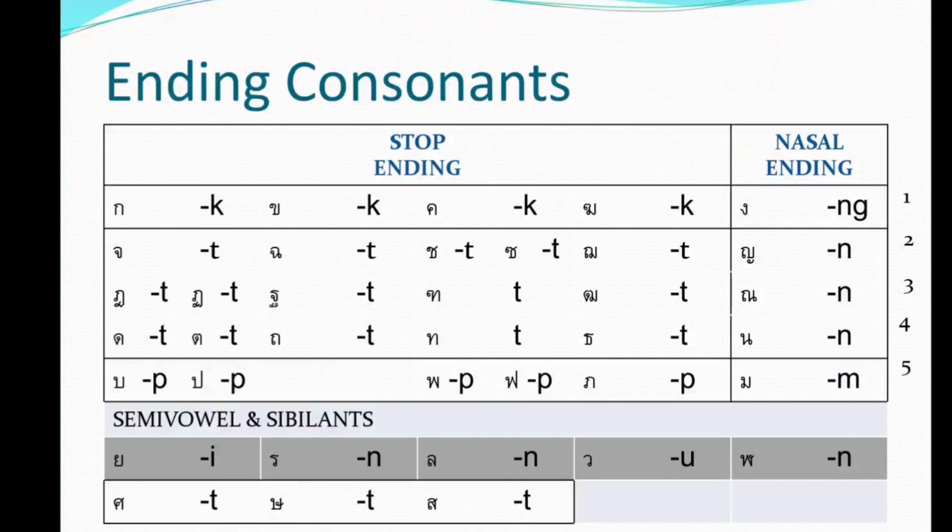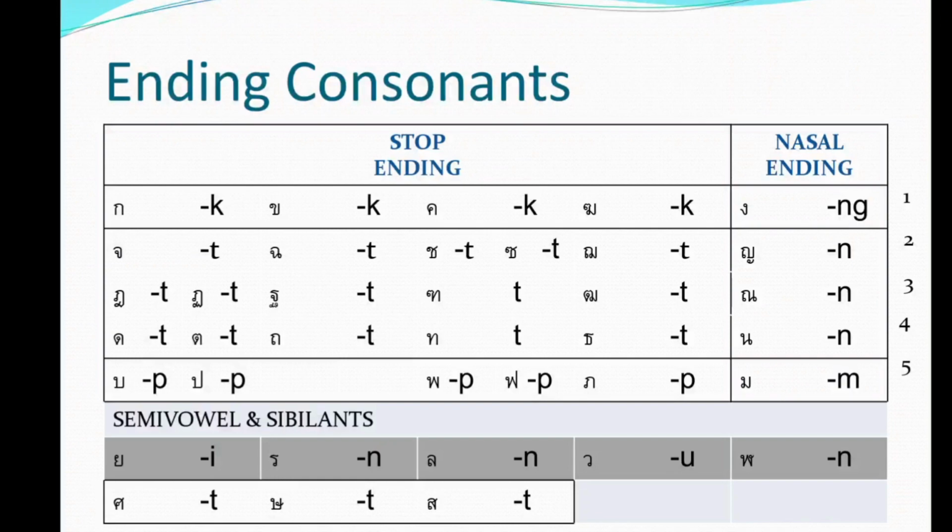And from this chart, you can clearly see which letters are ending as velar stop, the silent K ending, and which are the silent T ending and which are the P ending.